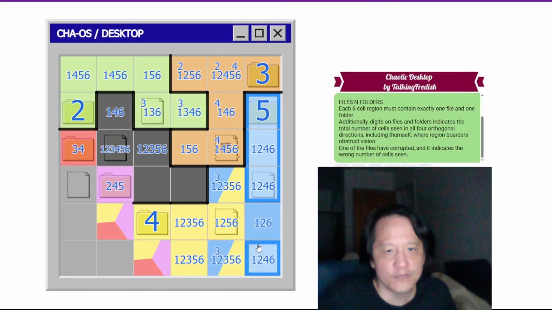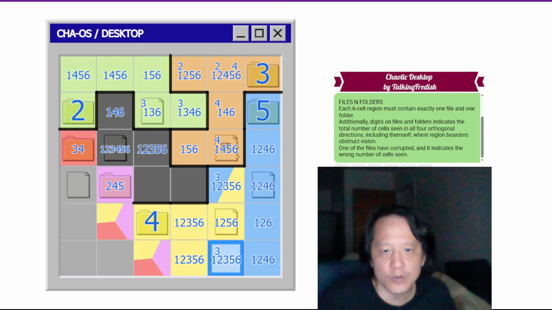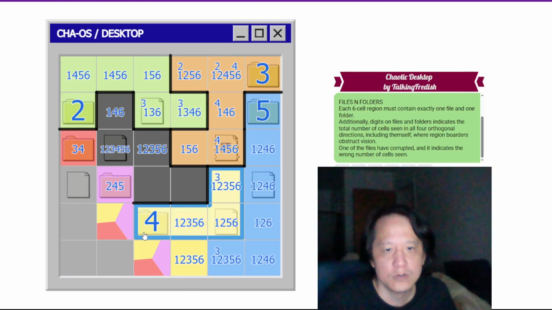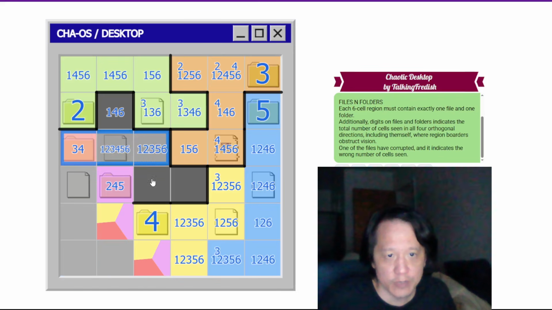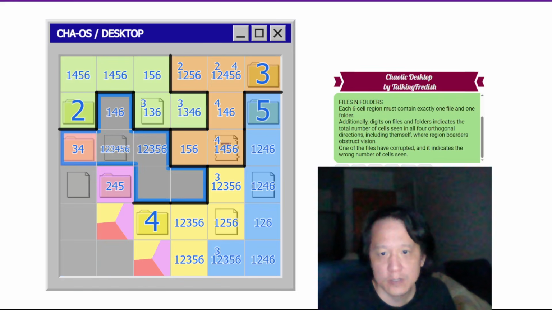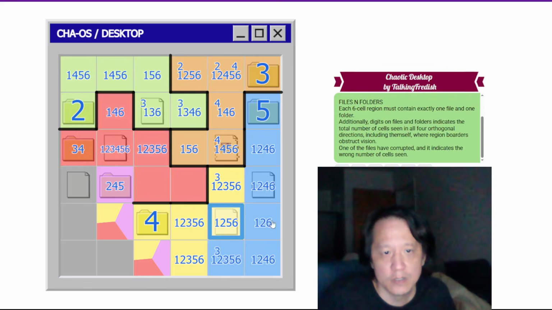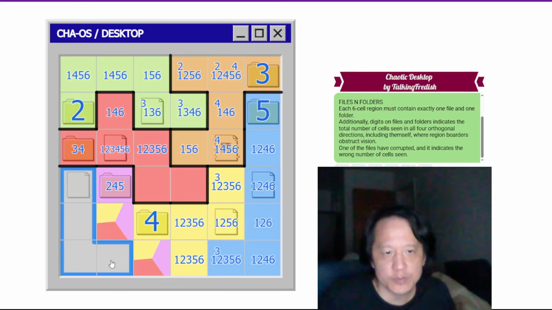What happens if we have blue go here? Then this is not blue, it's yellow. This would be corrupted. So then red cannot go down. Red would have to go this way. This would be pink, obviously.